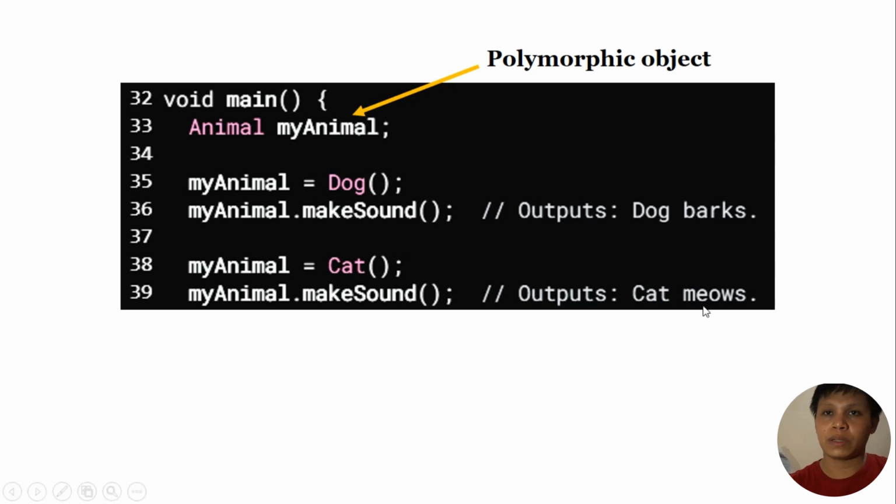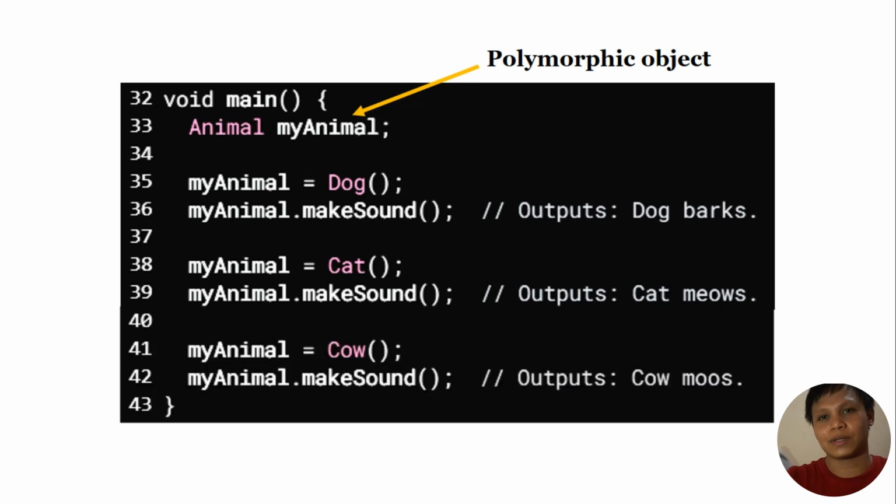Now, you might be wondering, how did that happen? Why is the output different? We only called one method. Here's the last code. This time, for line 41, myAnimal is now equal to an object from the Cow class.